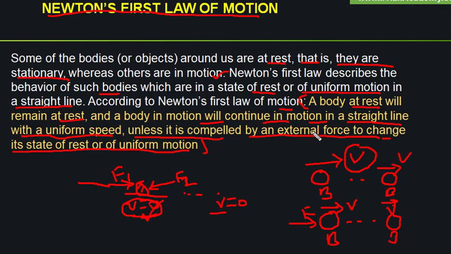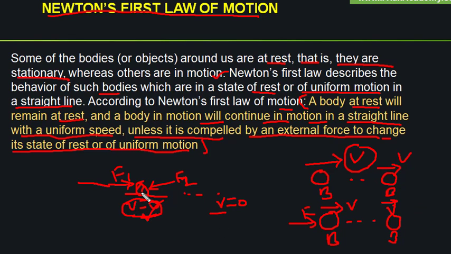So what Newton's first law of motion is saying: a body at rest will remain at rest, and a body in motion will continue in motion in a straight line with uniform speed unless and until it is compelled. Compelled means unless and until an external force is applied to change its state of rest or of uniform motion.